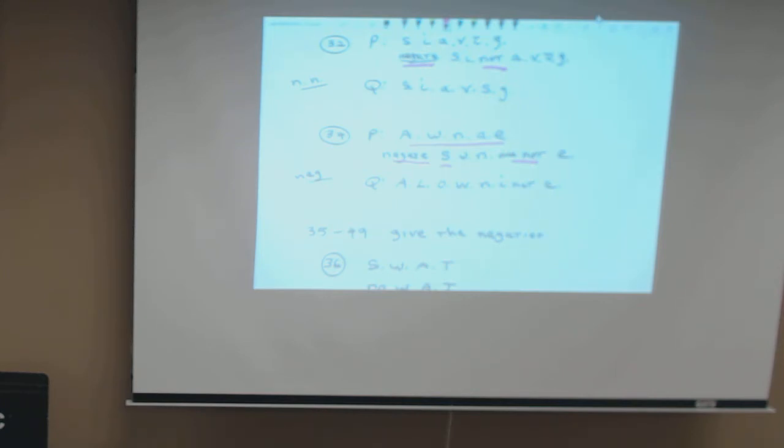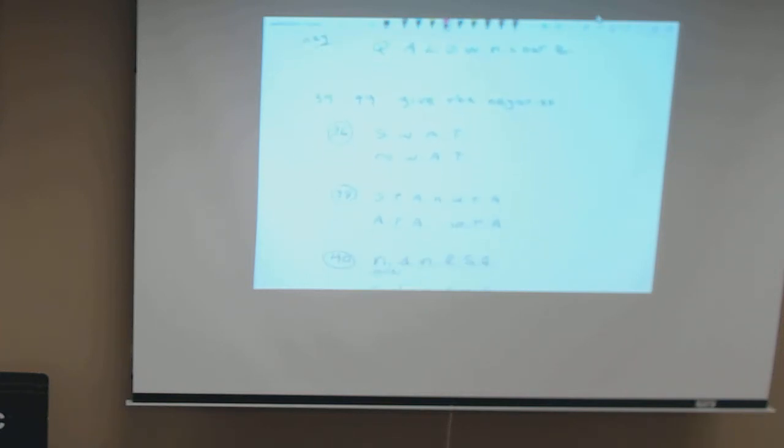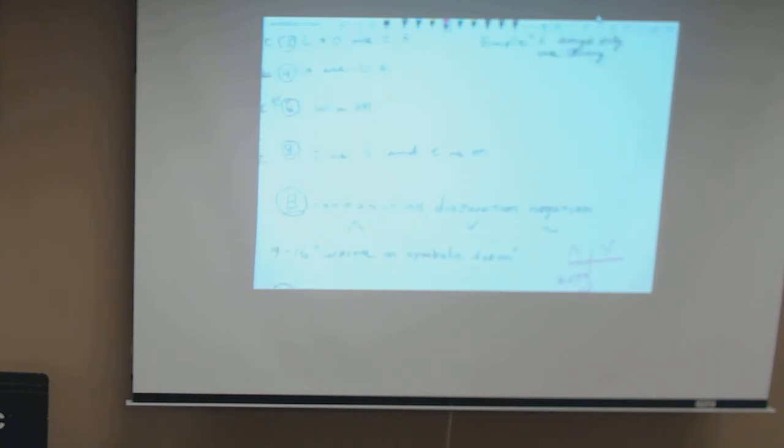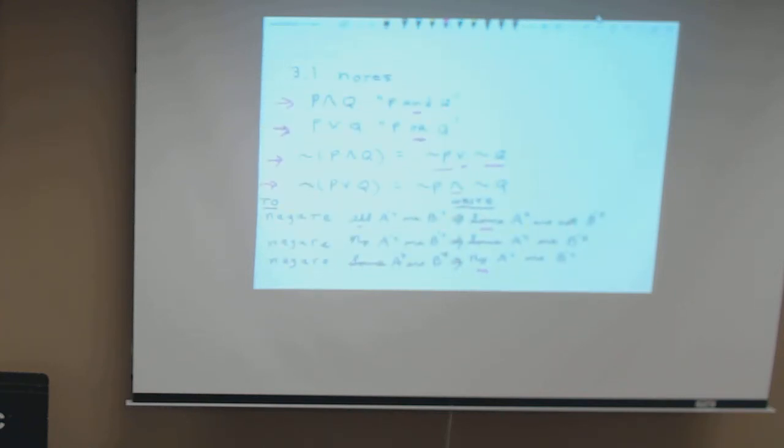In problems 35 to 49, give the negation. Now they just give the statement. 36, some women are teachers. How do I negate some? Some are is to say what?